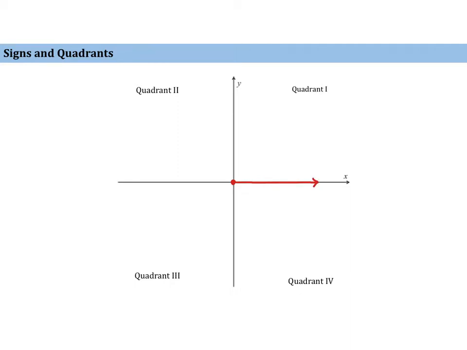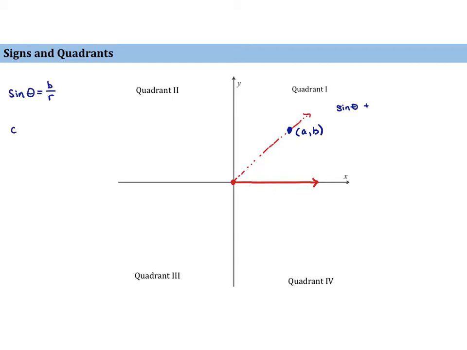And if we look at a terminal side, with a point AB on it, and we know that R is always positive, so sine of theta would be B over R, and B is positive, and R is positive, then we have in the first quadrant, sine of theta would be positive.